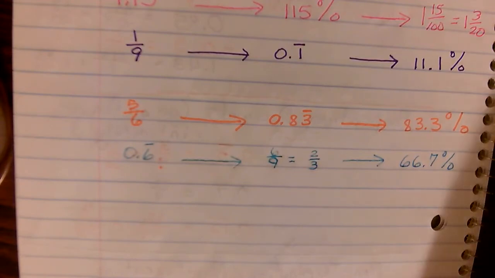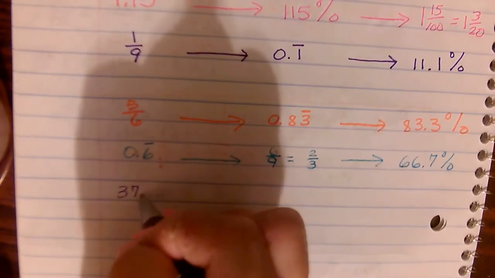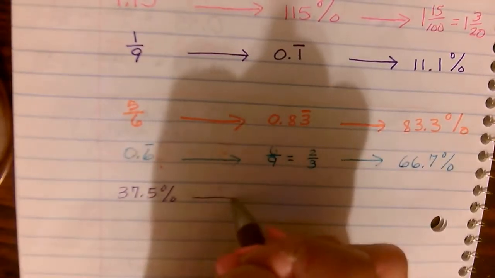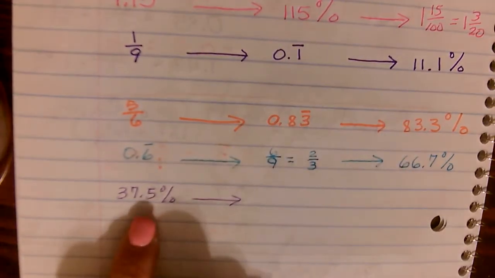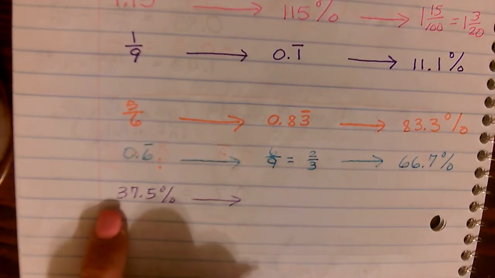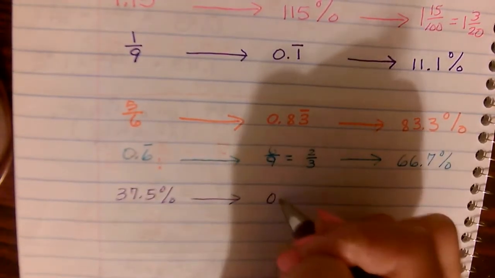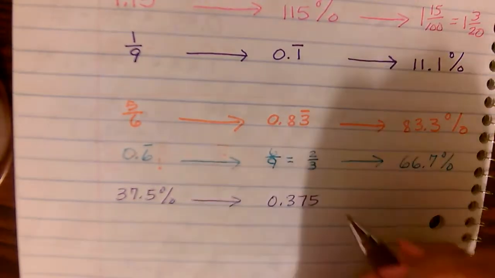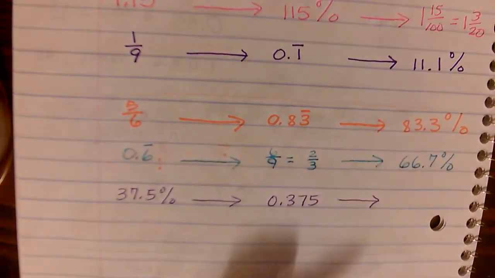Next one. Let's look at this one. We have 37.5 as a percent. As a decimal, you can take this and divide by 100, or move the decimal 2 places to the left, convert it to a decimal, and you get 0.375. Now, if we were to change that to a fraction, let's think about something.